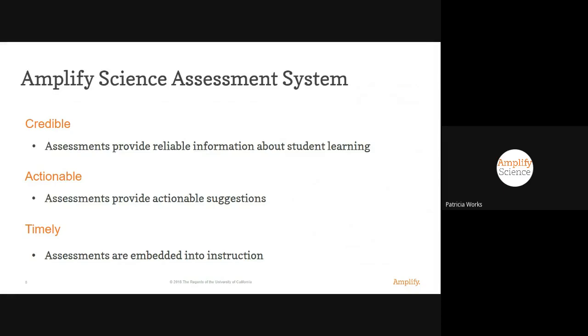And assessments are timely in the way they are embedded right into instruction. They provide insight to teachers as they're teaching, meaning instruction can be immediately adjusted based on the data they provide. This may be different from traditional assessment, where teachers sometimes had to wait until the end of a chapter or a unit to find out what students understood.